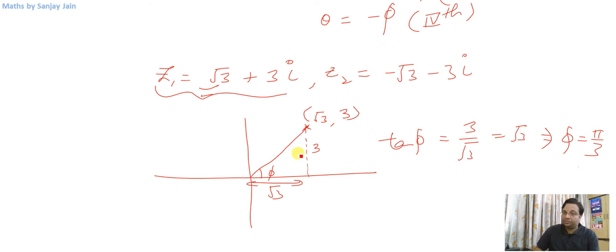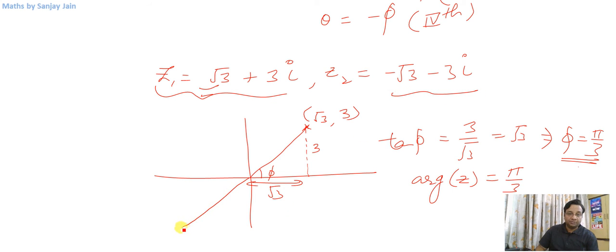Now that it is in the first quadrant, I'll write the argument or principal value of the argument of z as theta, the phi itself, because it is in the first quadrant. Now look at this point, minus root 3 minus 3, this is in the third quadrant, so it will be somewhere here. Now to find this angle phi, what I'll do is, this angle phi will again be found by tan phi.